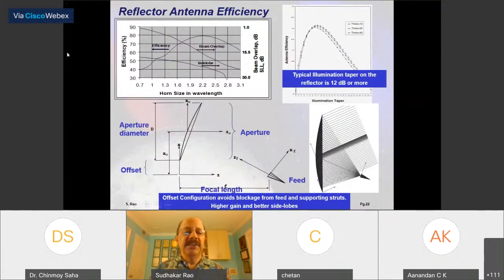And then you can see the efficiency versus horn size here in the curve. So when it's 2.2 wavelength, you get almost 80% efficiency. So then if you use a multi-beam, multi-feed system, you can calculate the beam overlap as well as the side lobes. These curves are very handy, so one can use them.